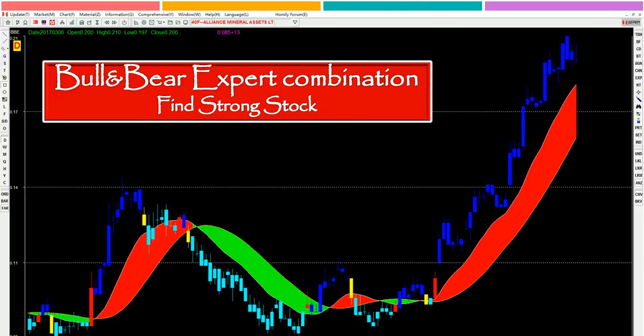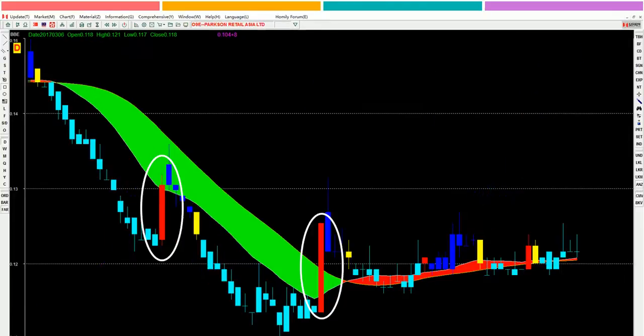Here we confirm to buy. Maybe you think this buy price is lower, but you should know, we should buy here. Here is the good buy point. Here can we buy or not? Still cannot. So you can use the bull and bear expert combination, then you can find strong stocks.